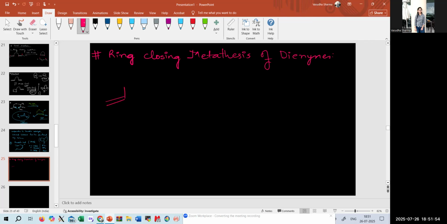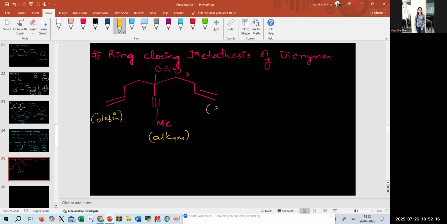Basically, this one, SiEt3, methyl, double bond. So here if you see, there is one part of olefin. This is alkyne, and this is again ene, olefin.